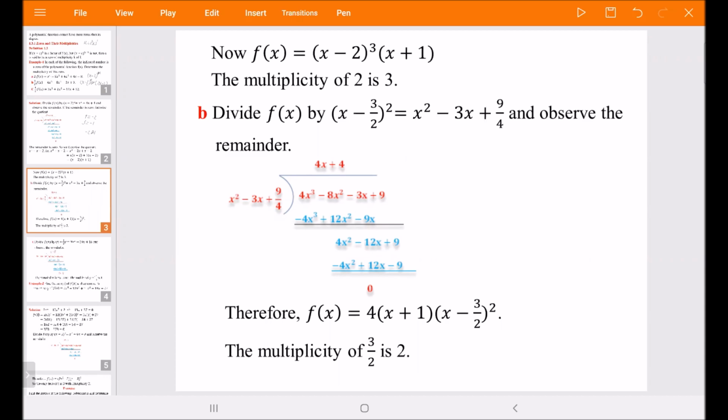What is the power or exponent of x minus 3 over 2? And as you can see, the power or exponent of x minus 3 over 2 is 2. The multiplicity of 3 over 2 is 2. We are asked to find its multiplicity, and the multiplicity of this is 2.